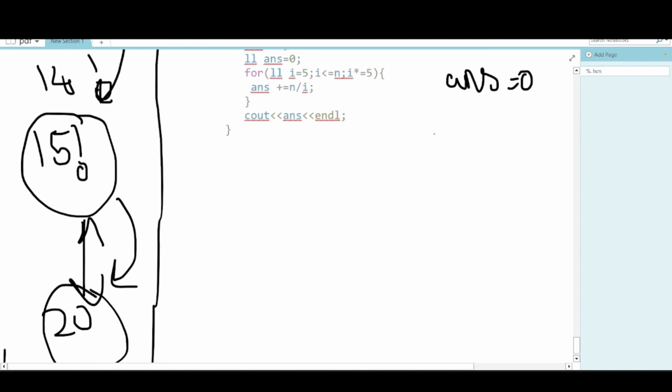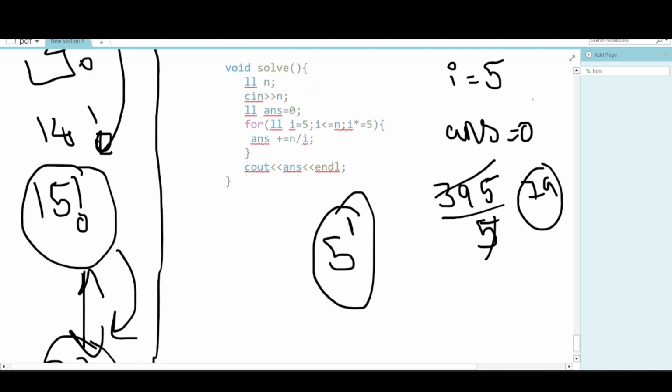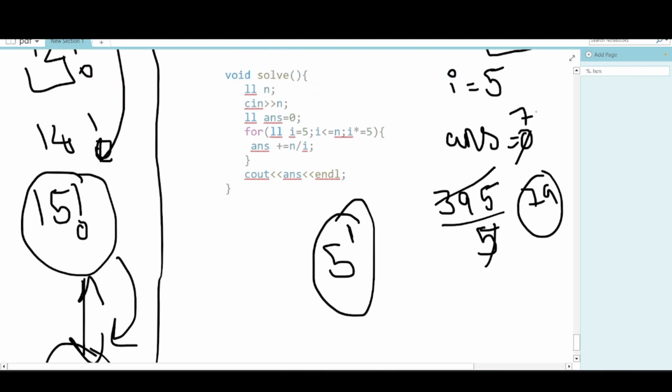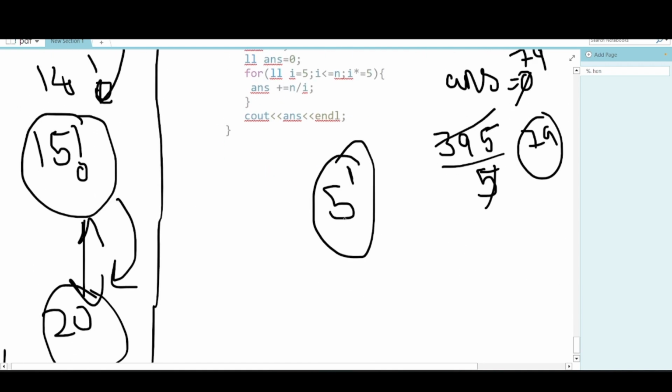So 395 divided by 5 will give me the number of 5 raised to the power one, which is 79. Now I am multiplying i by 5 to check for 25.